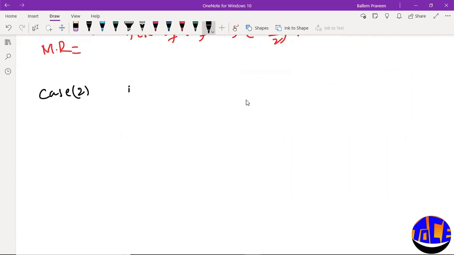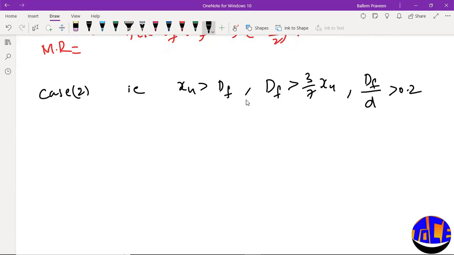Case 2 is where xu is greater than df, but df is also greater than 3/7 of xu, or as per IS 456, df by d is greater than 0.2. At that condition, we'll go for case 2.